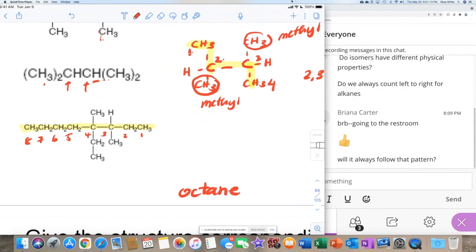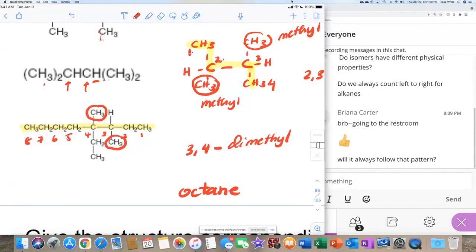And then I have 2 small side groups, 2 tiny ones. What carbon is this on? 1, 2, 3. So I see 2 methyls. One is on carbon 3, then the next one's on carbon 4. So 3,4-.